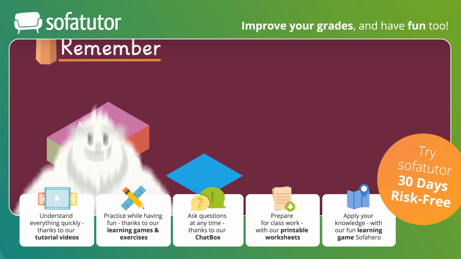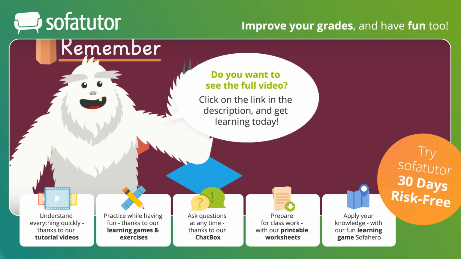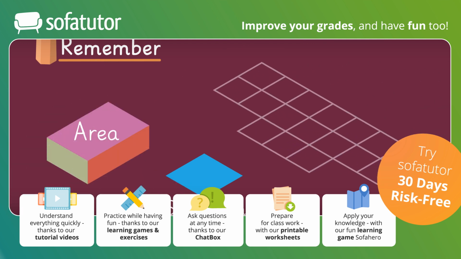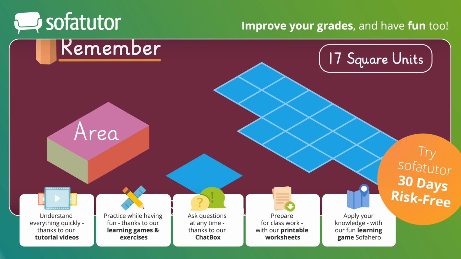These are boxes that measure 1 unit of length on each side and have an area of 1 square unit. We lay the unit squares side by side without spaces or overlaps across the entire surface of the figure. Then, we count all the squares to find the area. Finally, we write our total area in square units.